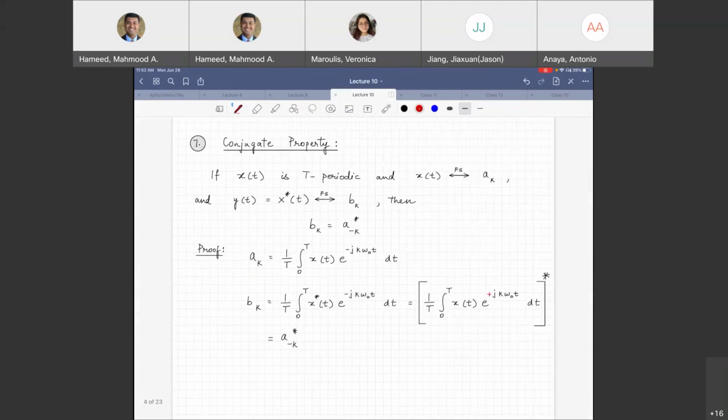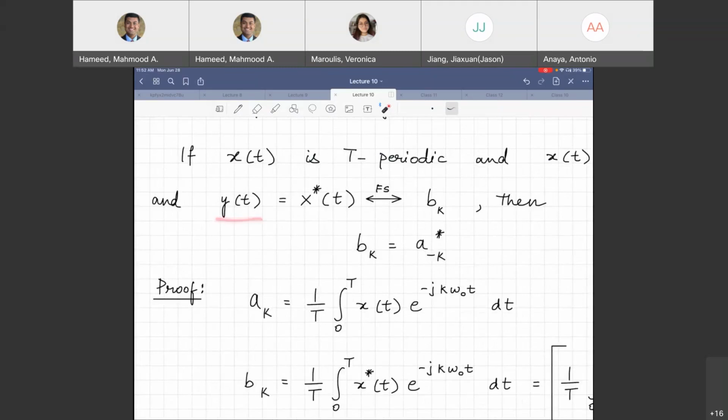Let's see. Conjugate property. What happens to the Fourier series coefficients if you evaluate the complex conjugate in the time domain? Given x of t is a T periodic signal. T periodic signal means what? It's periodic with time period T, right? And we are given that the Fourier series coefficients of x of t are defined as a sub k.